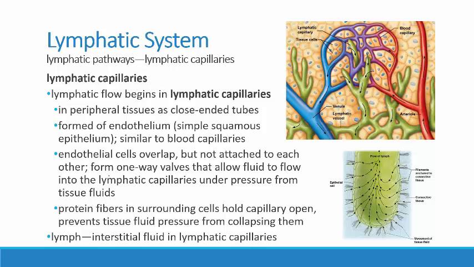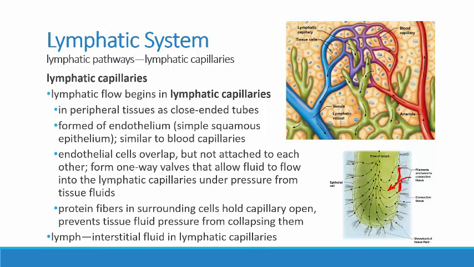But the way that the cells overlap each other out there at the beginnings of these lymphatic pathways forms little one-way valves. So here is a cell, and notice how they kind of overlap, and that gives us space for tissue pressure, so for hydrostatic pressure out here in the tissues, to be able to force fluid into the capillary.